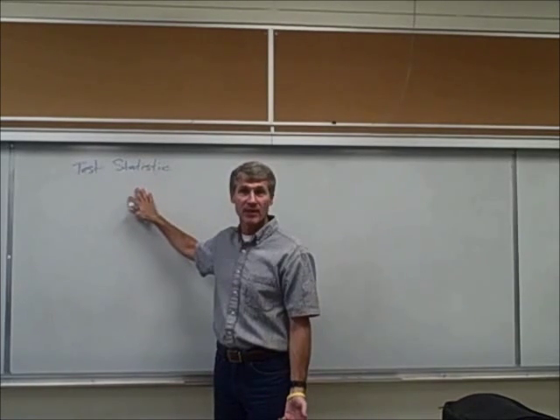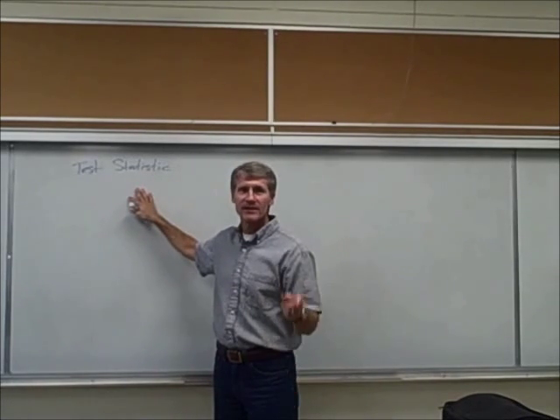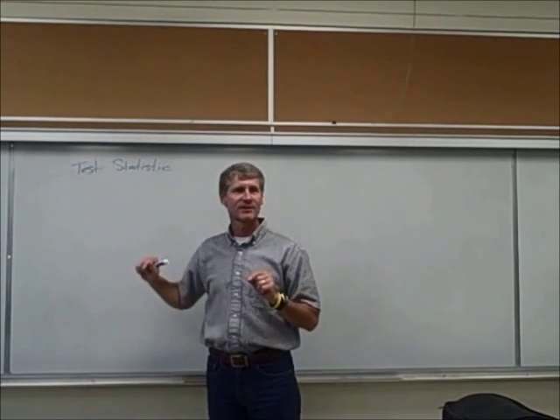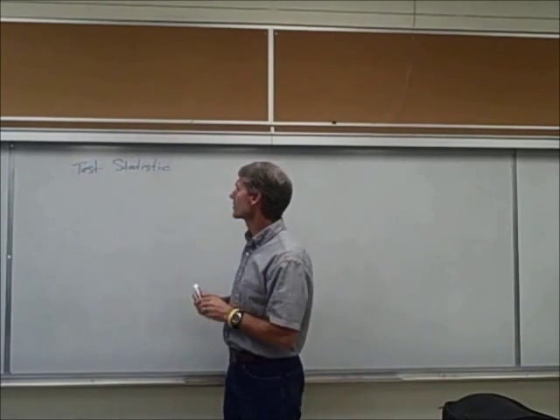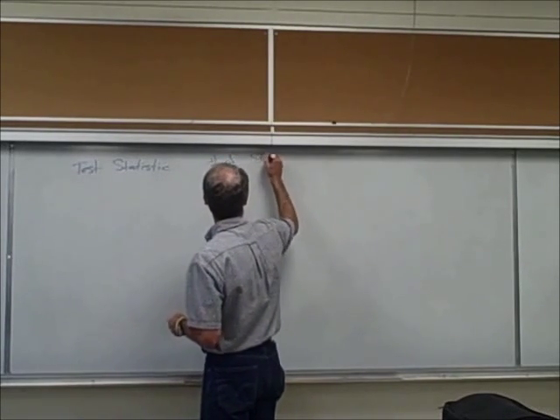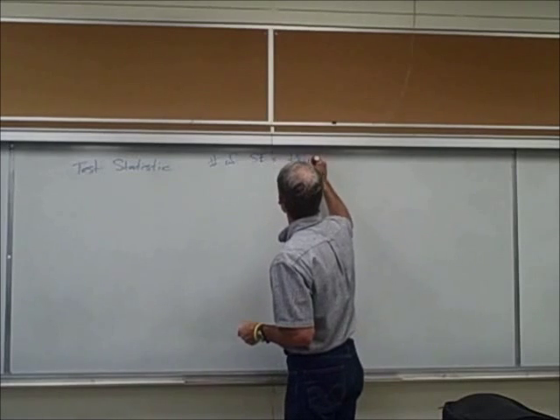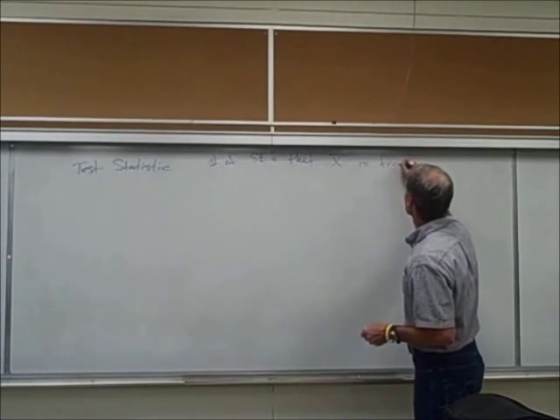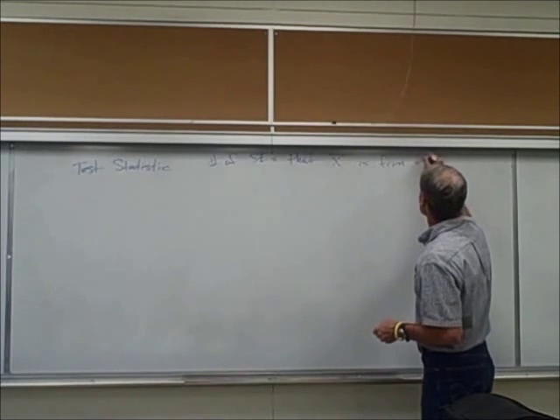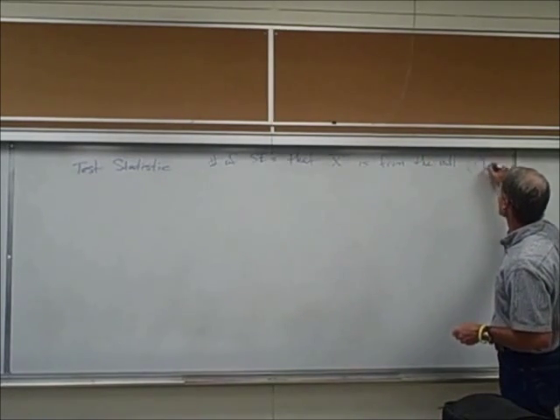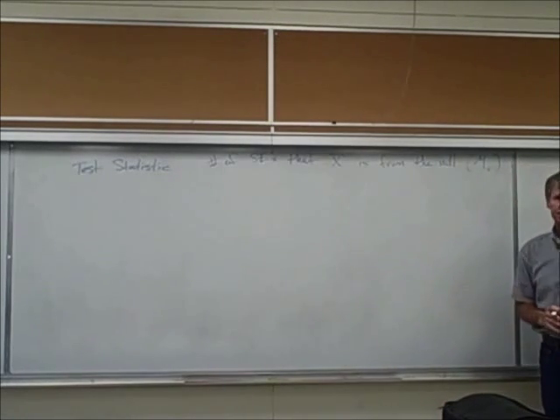What do we have instead of p hat? Mu. No, that's the population mean, but what's the sample mean, the point estimate? X bar. So the test statistic is the number of standard errors that X bar is from the null, which is mu sub 0.